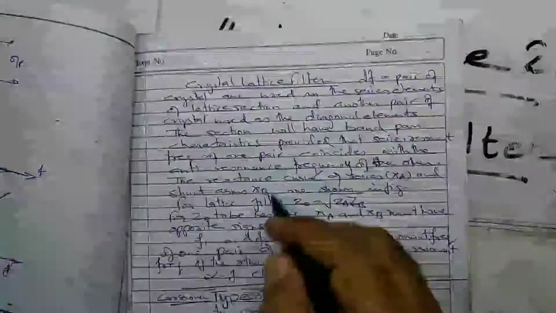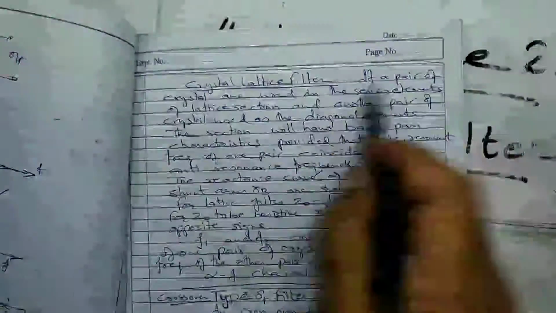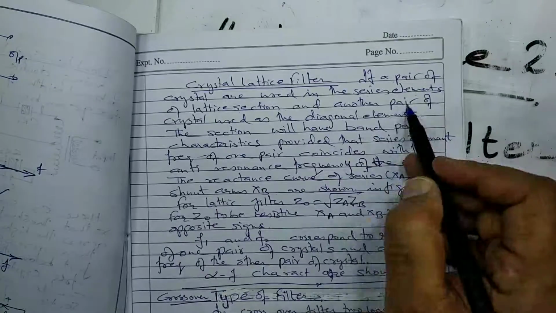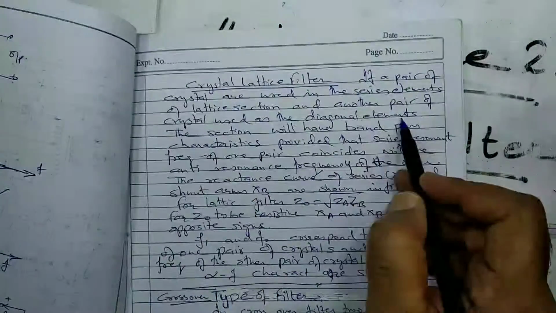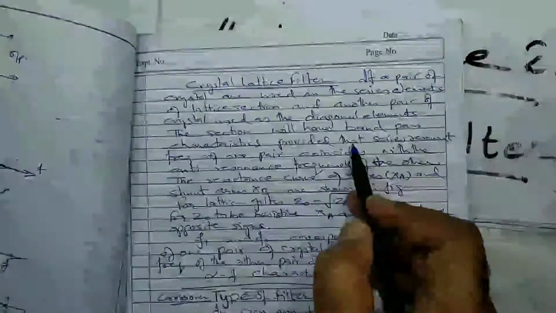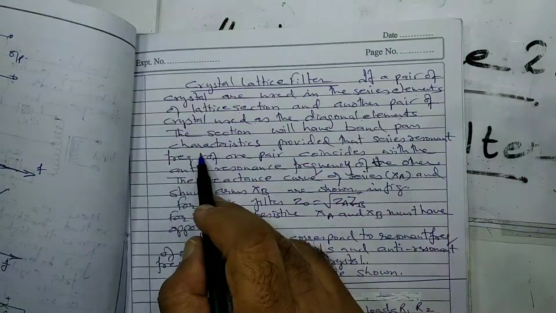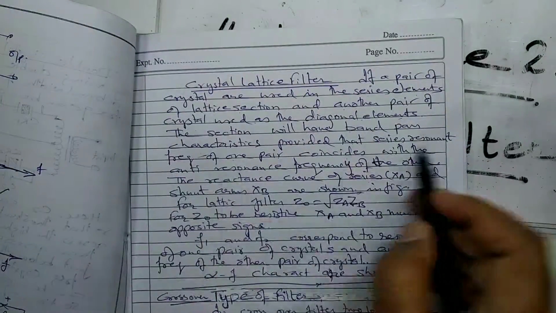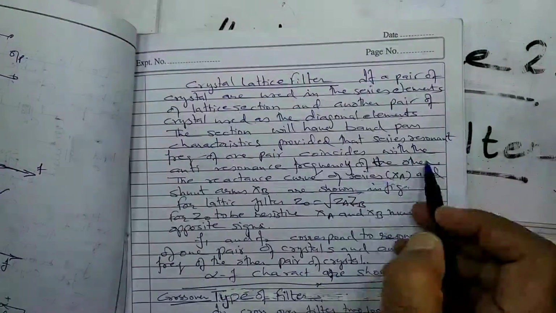Now next is the crystal lattice filter. If a pair of crystals is used in the series element of the lattice section and another pair of crystals is used in the diagonal element, the section will have a band pass characteristic, provided that the series resonant frequency of one pair coincides with the anti-resonant frequency of the other.